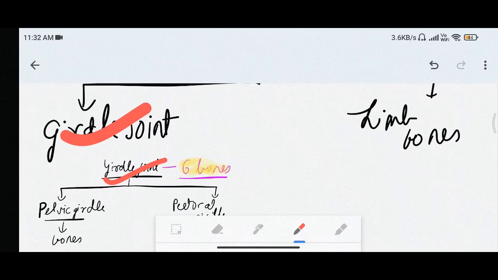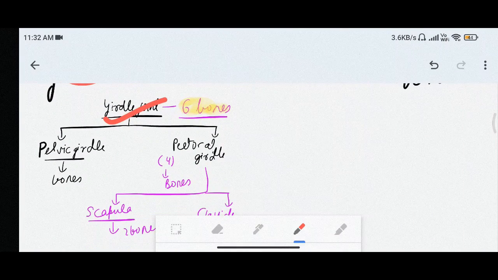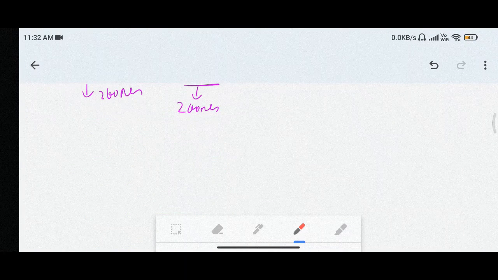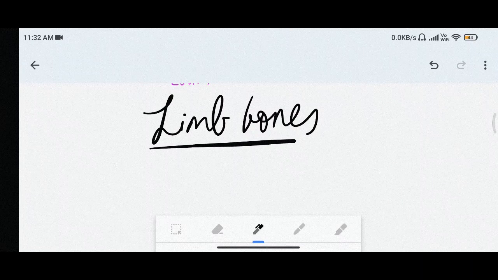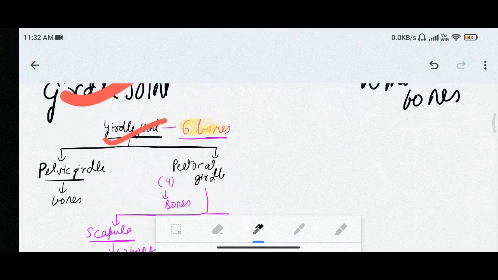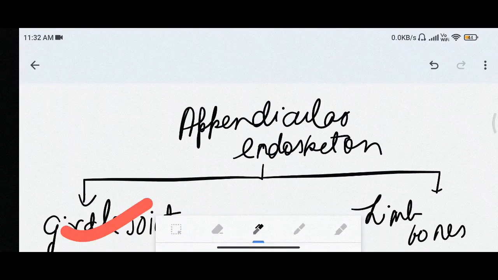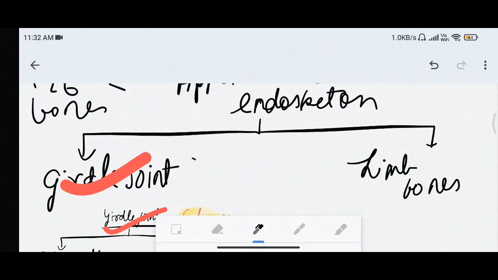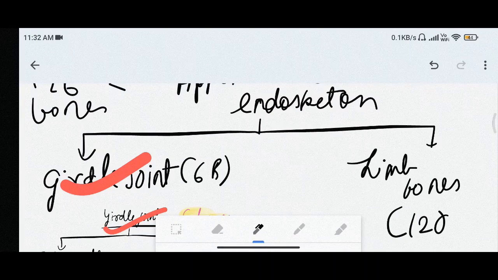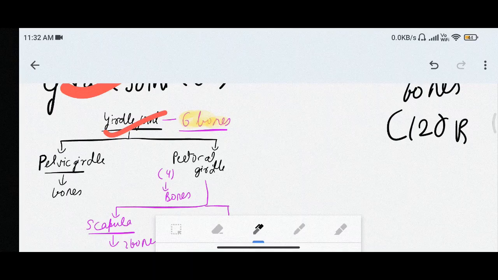So now let's focus on the limb bones. And before that, let me tell you one thing, that I have already told that it is of 126 bones and it is divided on the basis of 6 bones here, and limb bones are of 120 bones.